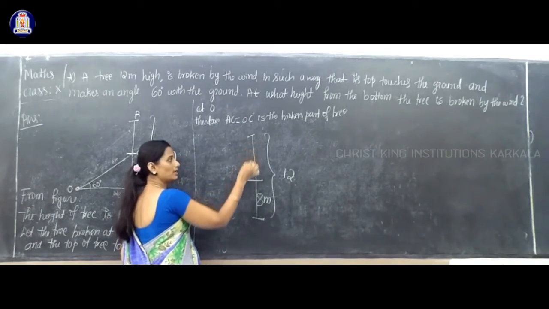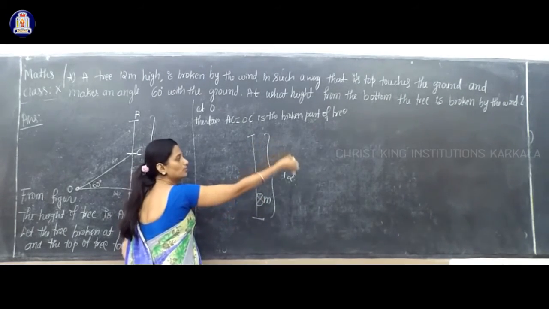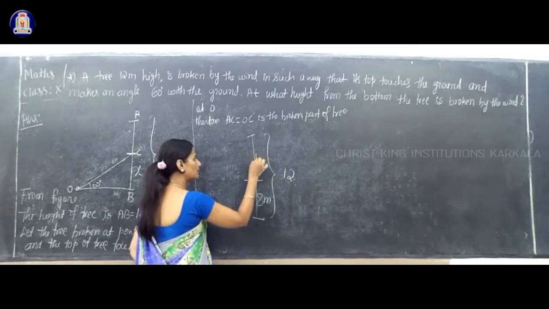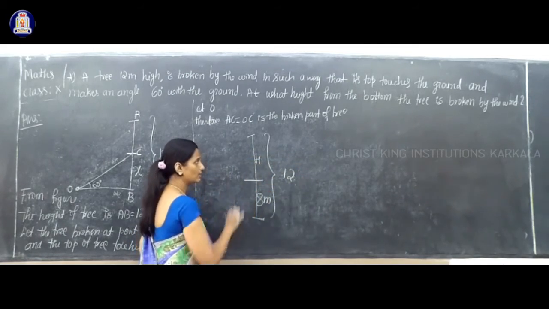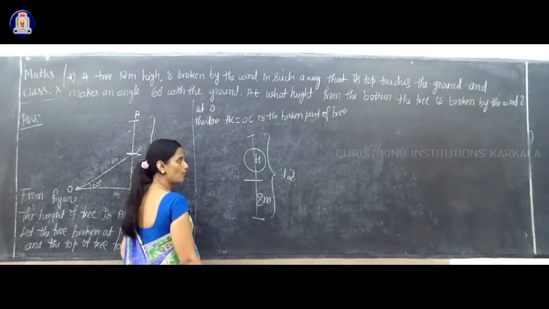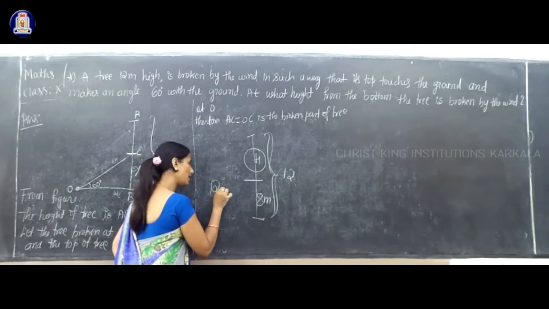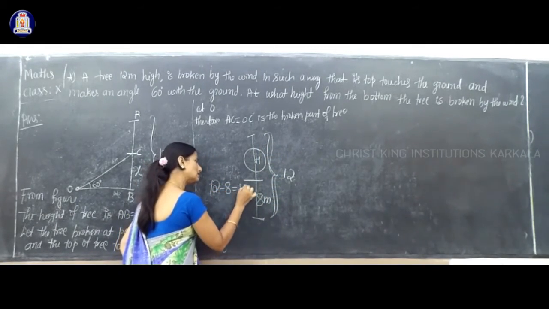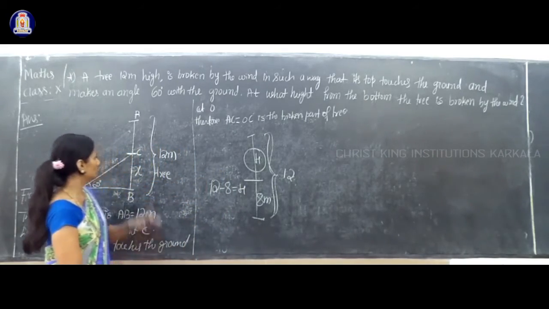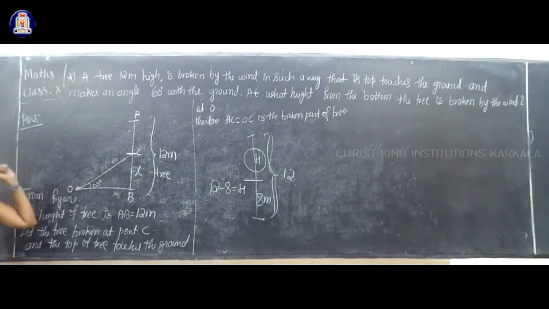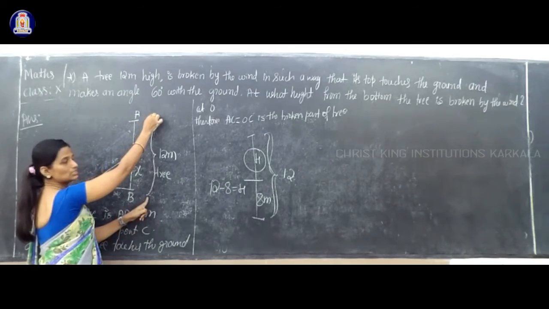What is the remaining distance? 8 plus how much is equal to 12? 8 plus 4 is equal to 12. So how did you get this 4? It is 12 minus 8. Correct now? How to write? 12 minus 8 is equal to 4. Right? So the same concept is used here. So here the total is 12.